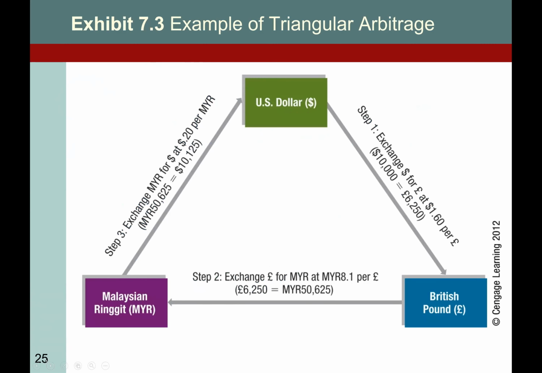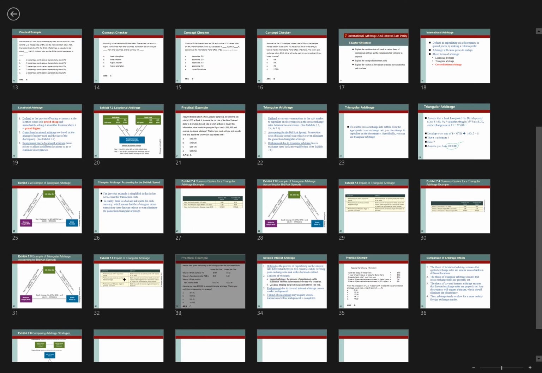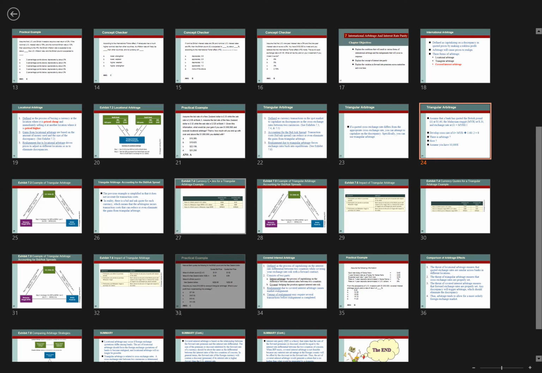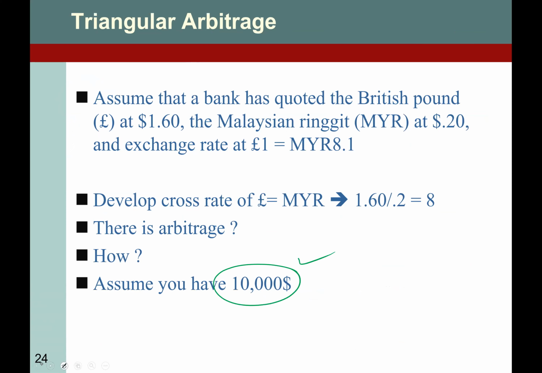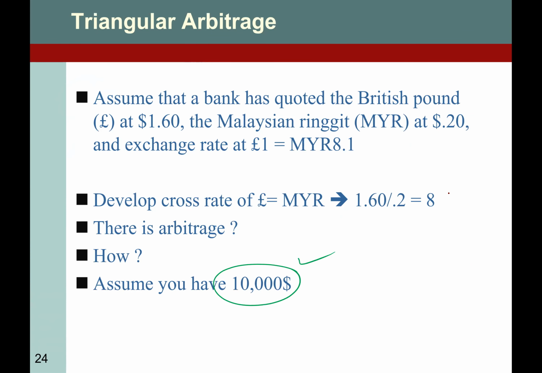So what is the procedure for triangular arbitrage? You have $10,000. Let me just do it here, and at the end we will talk about its solution. Let's convert this $10,000 into pounds.